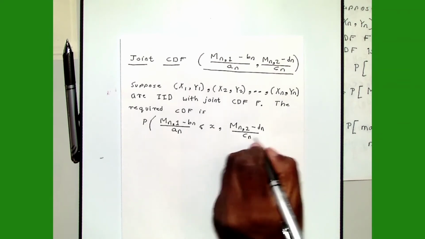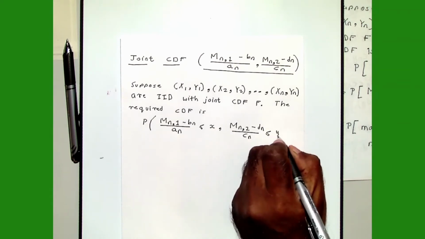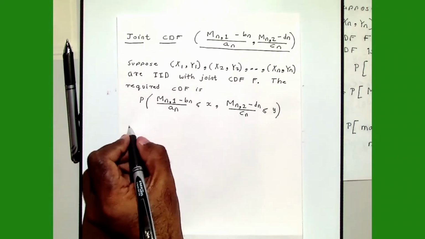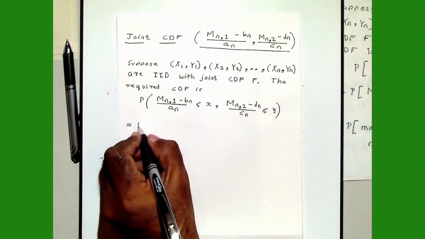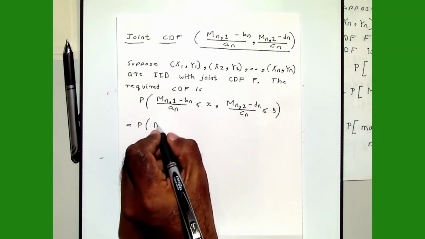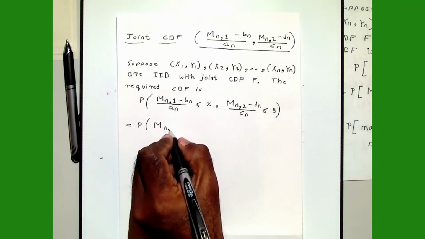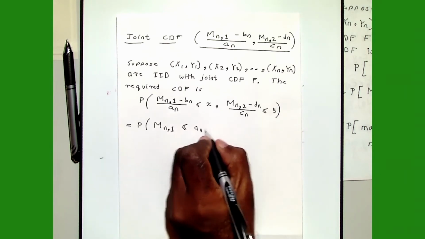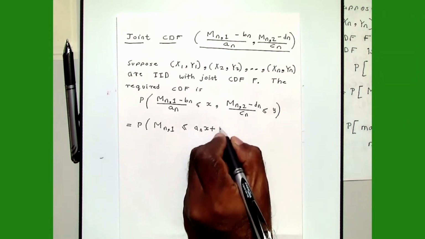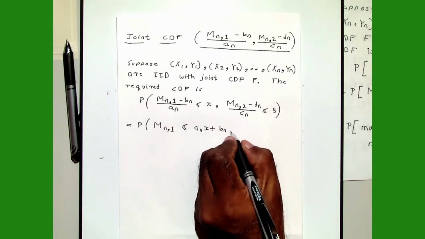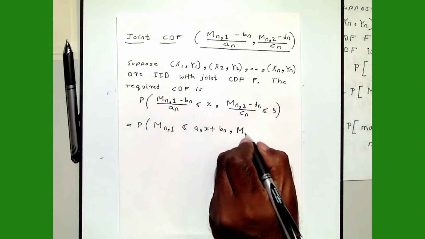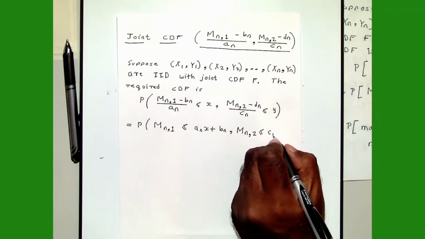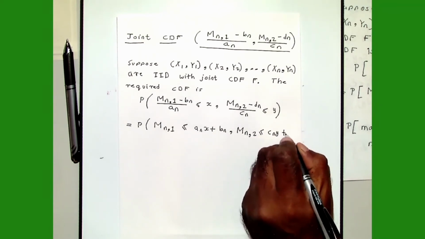You want to find this, and this can be written as the probability that Mn1 is less than or equal to Anx plus Bn, and Mn2 is less than or equal to Cny plus Dn.